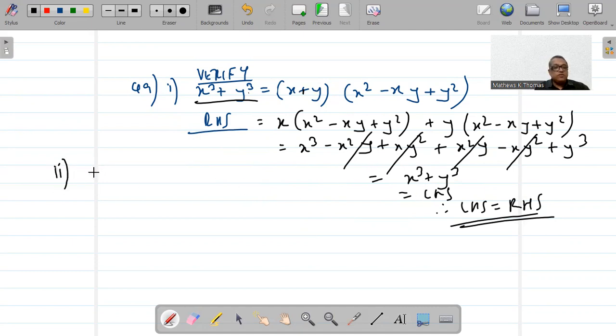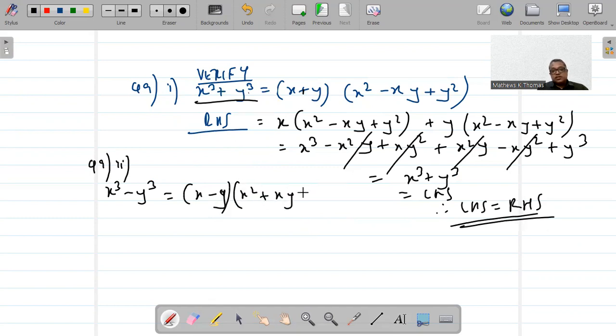Same way I have to verify the other identity, that is x cube minus y cube. That is question number 9 part 2. This identity also, please learn it up. That is x cube minus y cube is x minus y in one bracket, second bracket, x square plus xy plus y square.